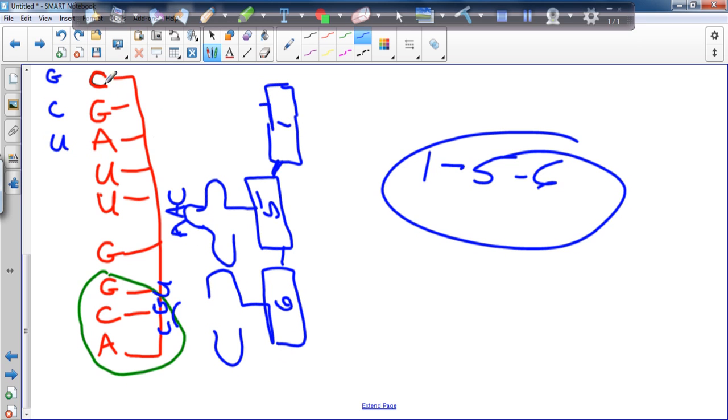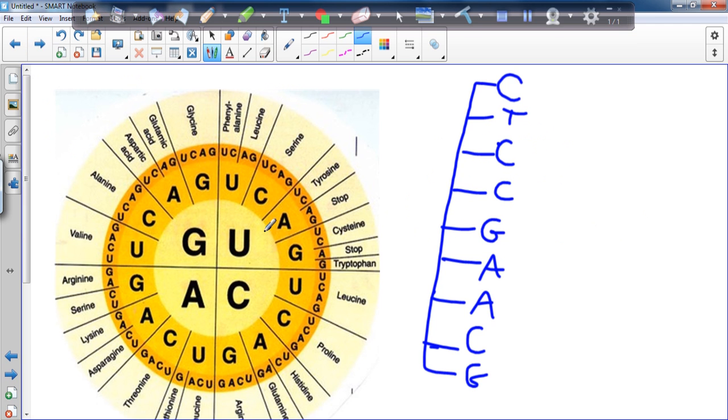But I also want to show you this. This is called a codon chart. We looked at this today in class. So how this works is you need to find the codon to determine the amino acid sequence. There's another different way of doing it. So here's my DNA structure. I know this is DNA because it has T's and it has A's. It doesn't have U's.